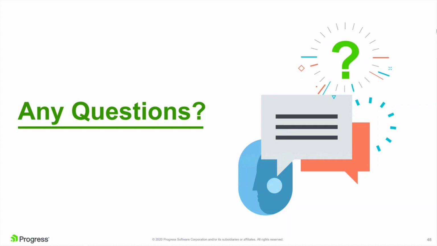Okay. We have a question if the chat product can integrate with other Progress products. So we've seen very successful integrations with other Progress technologies. So please contact us if you have a use case, and we'll work on it.